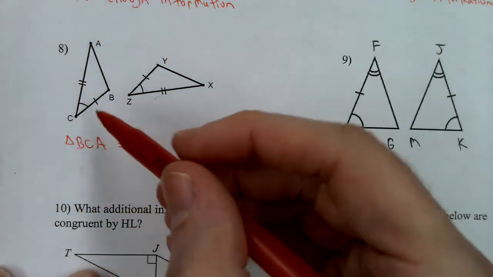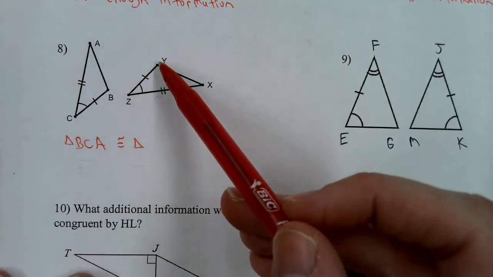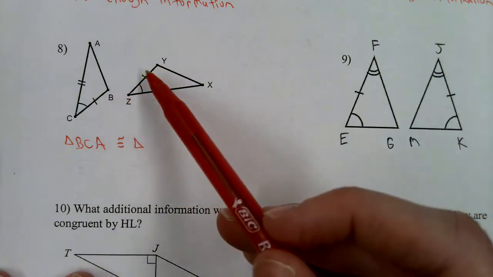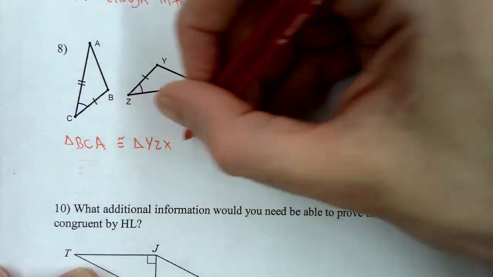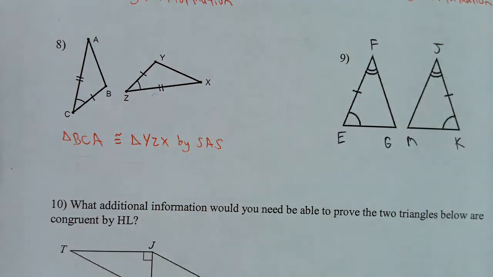Again, the order matters. So I did 1 tick mark, then 2, and I have to go in the same order here. So it's congruent to triangle YZX by side, angle, side.